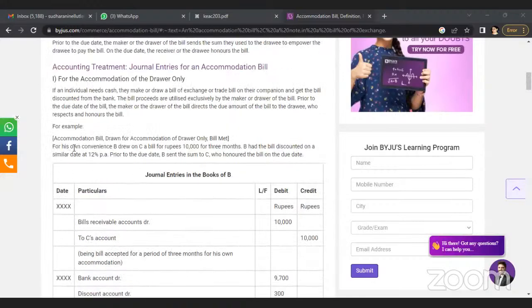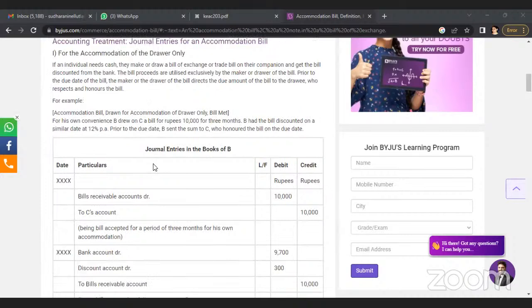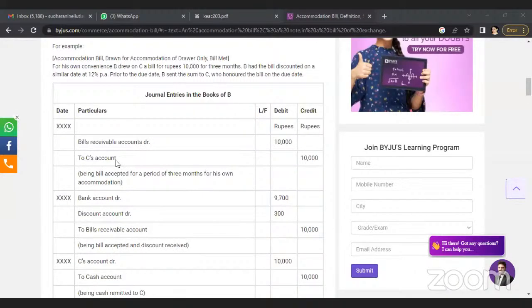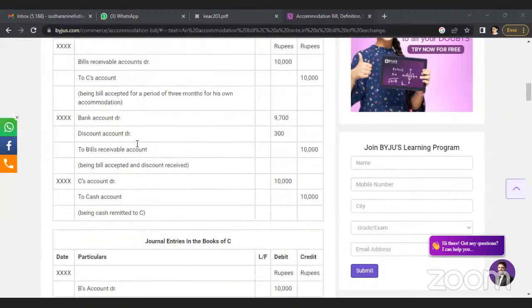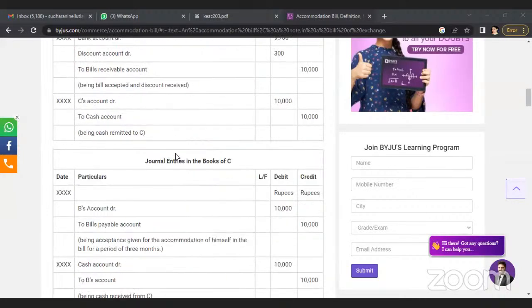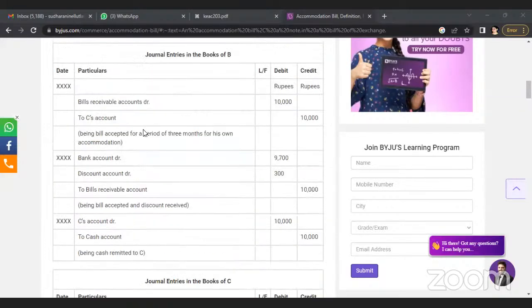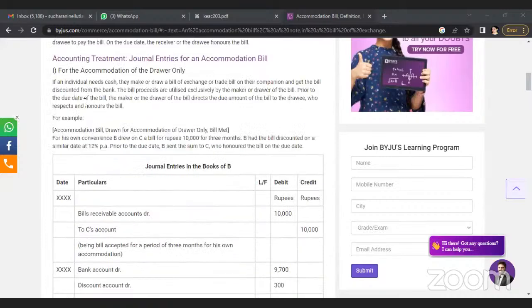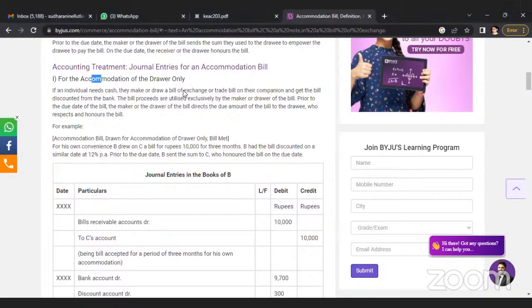See, look at the question. C is the drawer. Bank account debit, discount account debit, bills receivable, because only the drawer is taking the amount. But on the date of honor, this is accommodation of the drawer only.